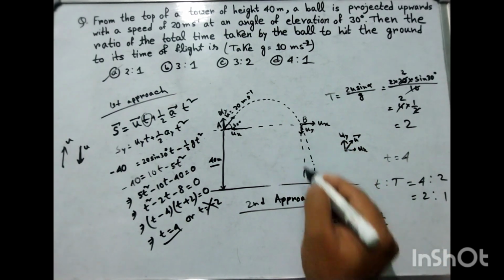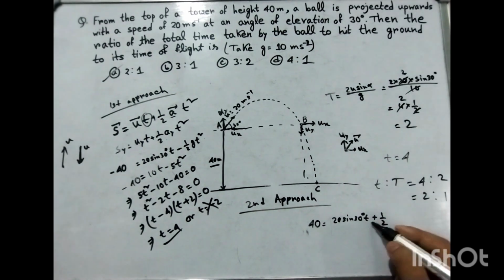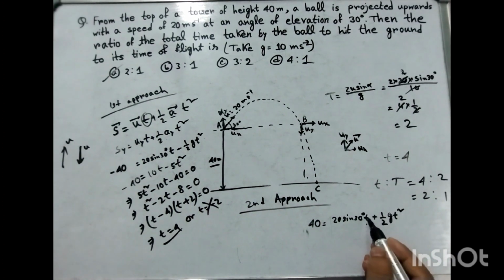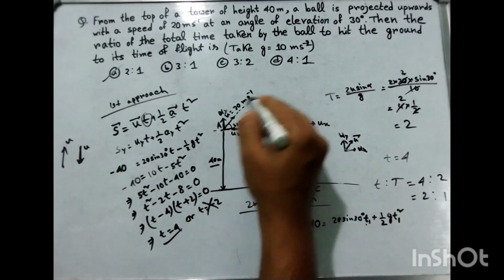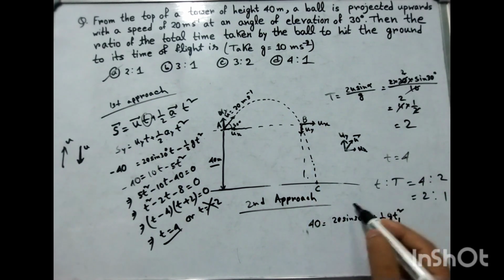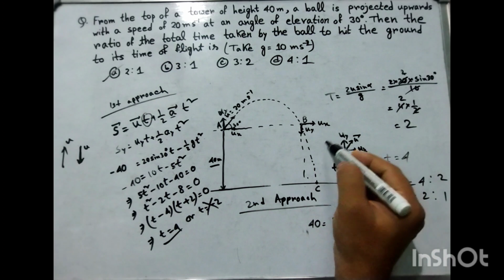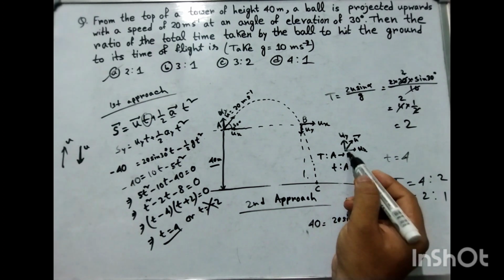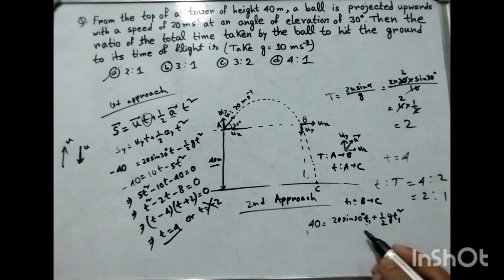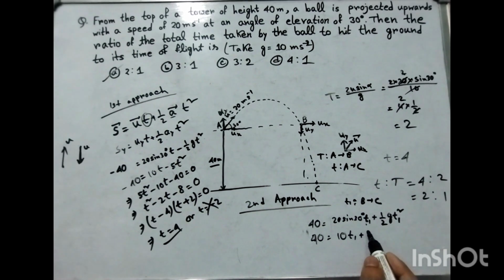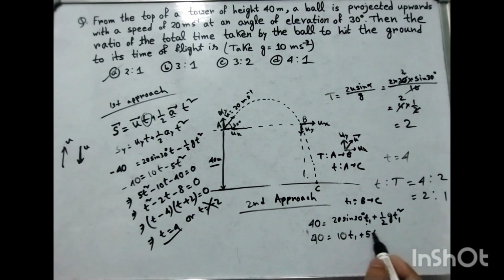Now g is plus because we took the negative y-axis as positive. Suppose this is t1, because this is not the whole time but just from B to C, and t was from A to C, and capital T was from A to B. So for this t1 we get 40 equal to 20 sin 30, which is 10, 10 t1 plus g is 10, so this will be 5 t1 square.